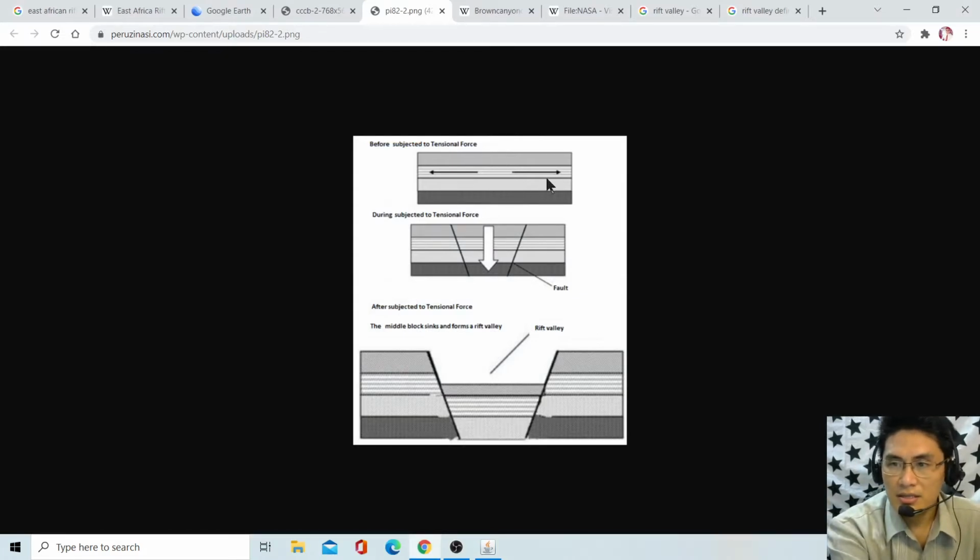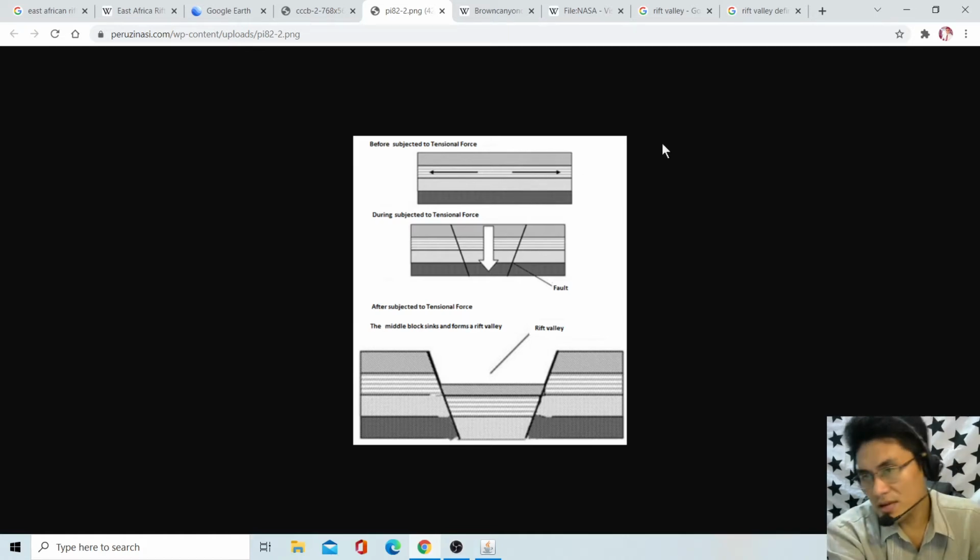However, the sides of the plate move to different directions, okay? So what happens is if this part moves that way and this part moves that way, then obviously the plate will split into two. And when that happens, obviously the middle will develop a crack, and therefore the materials at the middle will have nothing to go but downwards, and therefore you form this depression at the middle, and you have this elevated structures at the sides.